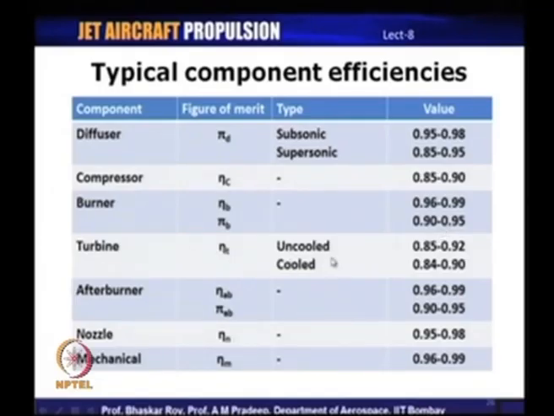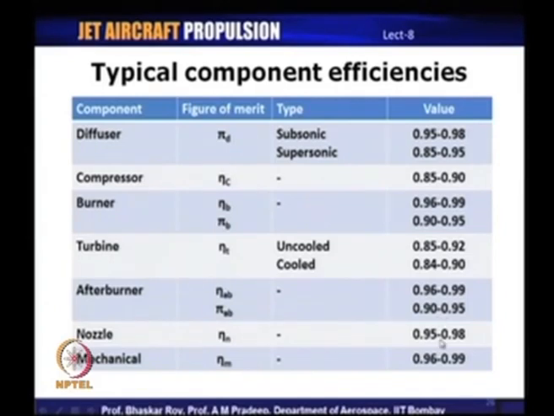Turbine efficiencies can be different depending upon whether it is uncooled or cooled. For an uncooled turbine, it typically varies between 0.85 and 0.92. For a cooled turbine, it is slightly lower, from 0.84 to 0.9. For an afterburner, efficiencies are pretty much identical to those of a combustion chamber, 0.96 to 0.99, with burner pressure loss 0.9 to 0.95.